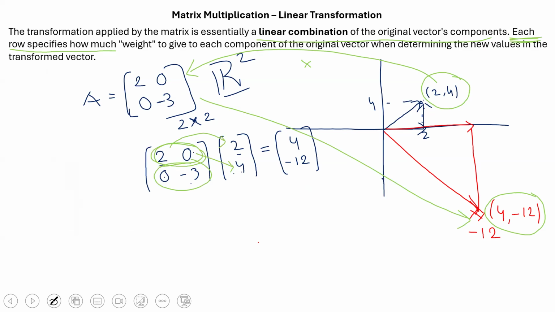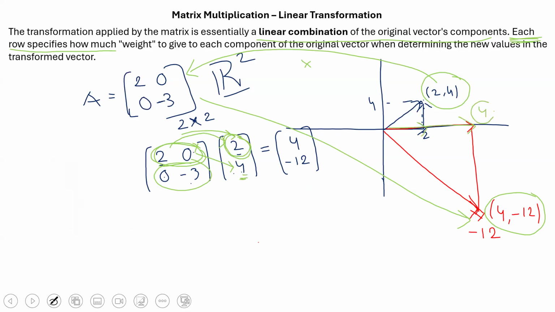Now it has given 2 times more importance to x, but no importance to the y component. 0 means no importance is given to the y component, whereas the x component is multiplied twice. That is the reason you see this 2 multiplied to become 4.